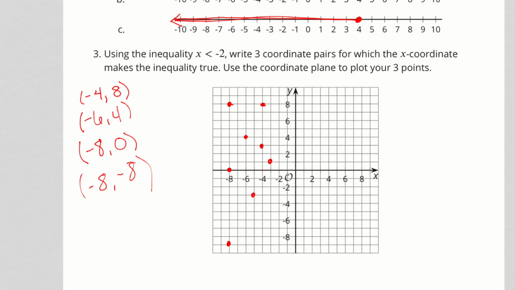Okay? So here's how we're going to show that whenever we are graphing an inequality. So we could say this is a linear inequality. Whenever you graph a line and you have x equals a number, what do you do?